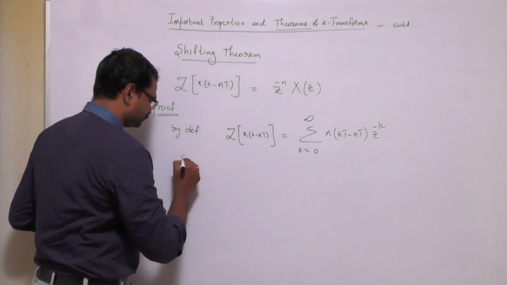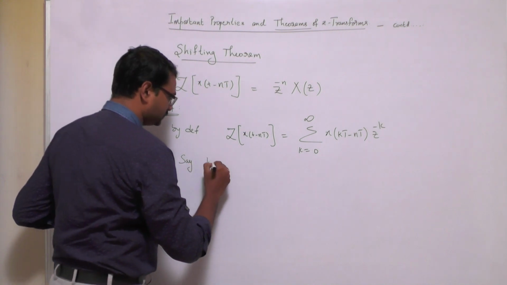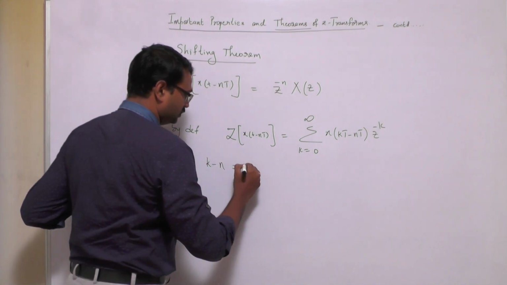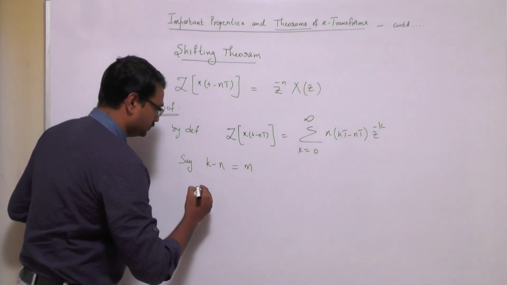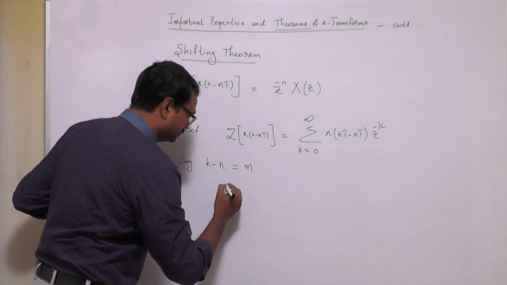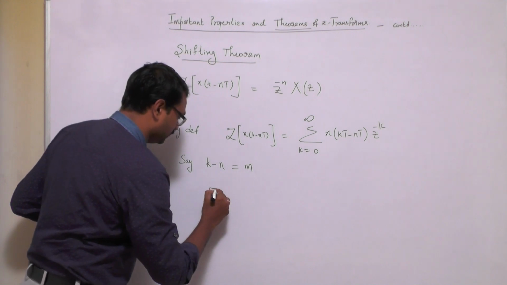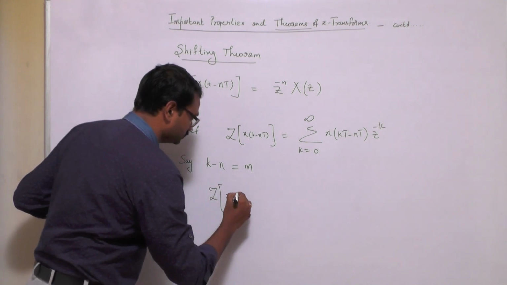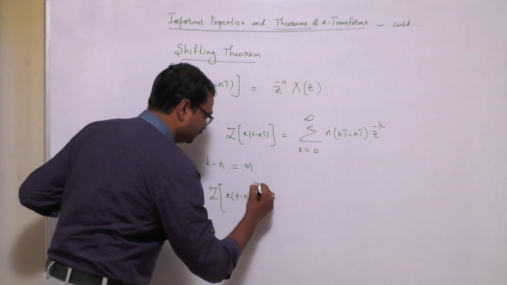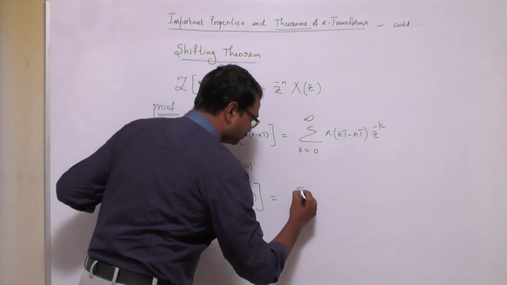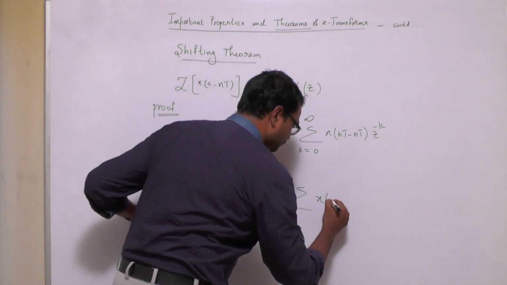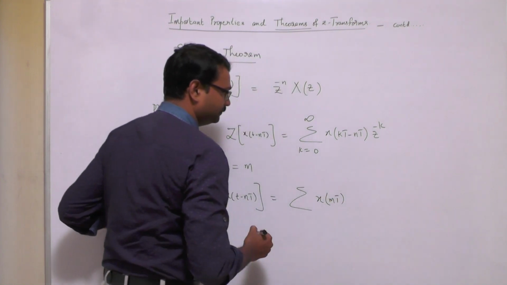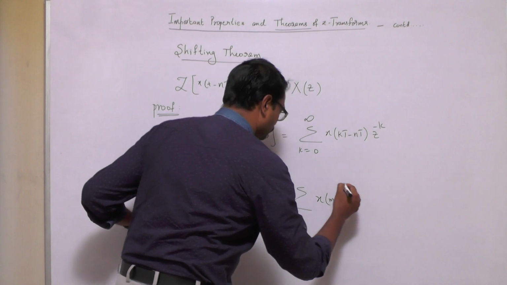Now say k minus n is equal to m. Then by replacing that in the above equation, we have z transform of x of t minus nt gives us sigma x of m t z power, what is k?